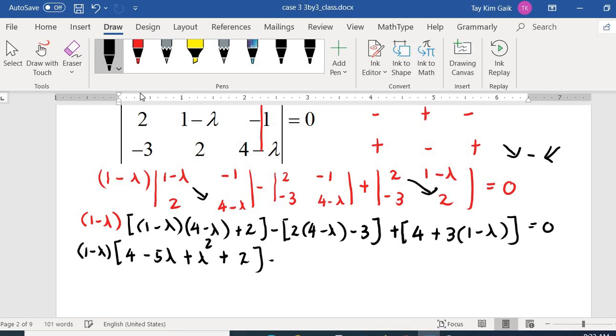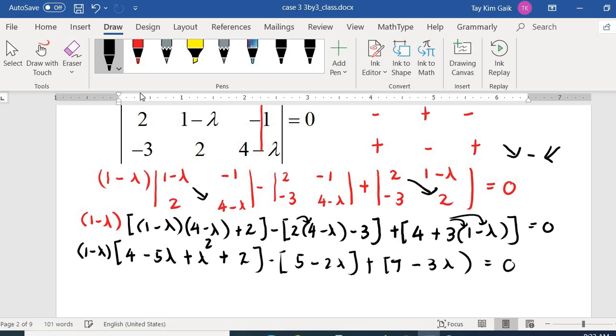Expand the second bracket here: 8 minus 3, so I have 5, minus 2 lambda. So 4 plus 3 here, I have 7, so minus 3 lambda, equal to 0.